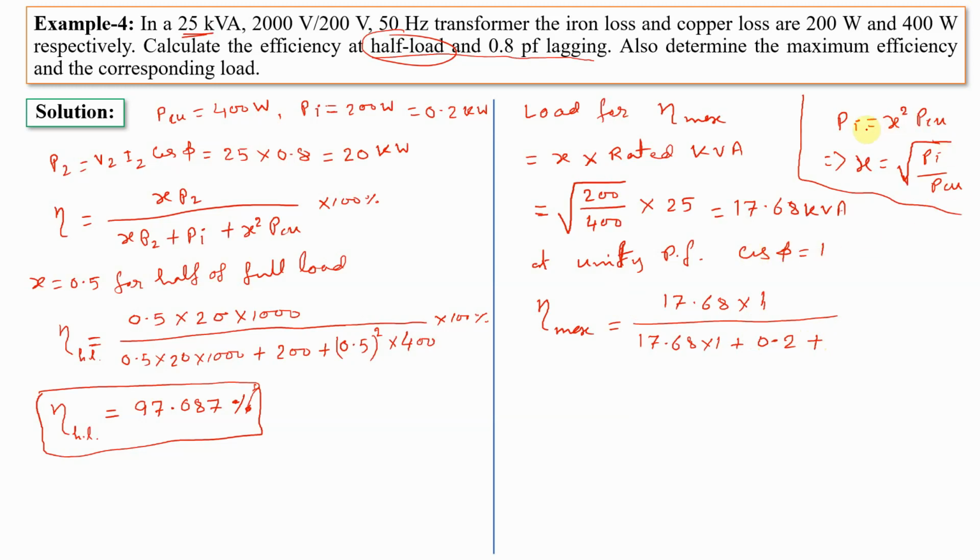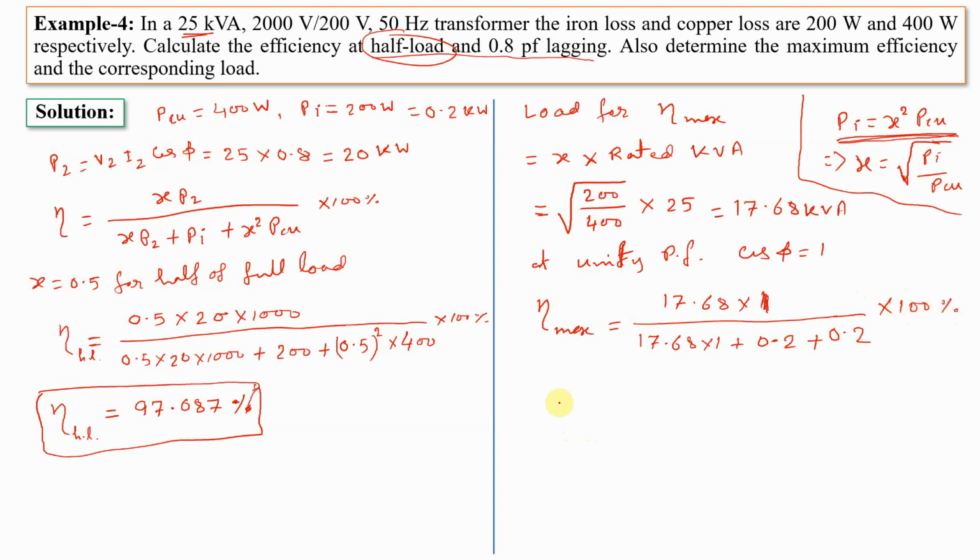We already know that for maximum efficiency, the iron loss and the copper loss should be the same. Here the iron loss is always constant. Therefore, the copper loss will also be equal to the iron loss during the maximum efficiency. So instead of copper loss, we can put 0.2, that is equal to the iron loss, into 100%.